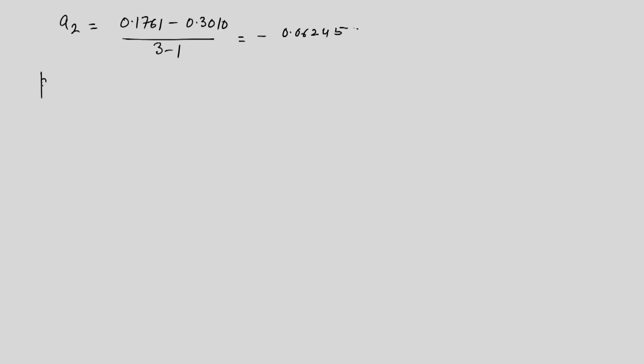So we can construct a quadratic polynomial using all our a 0, a 1 and a 2. Now, a 1 has to be multiplied with a linear function, a linear term in x, and a 2 with x minus x 0 and x minus x 1, and we will keep up to this.